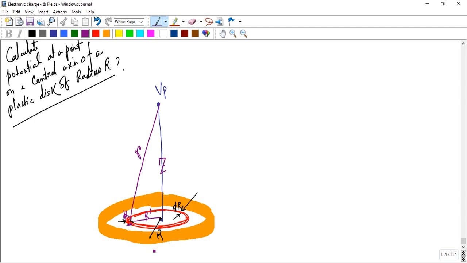So we calculate Vp as a function of z, for the charge distribution of a circular disc.